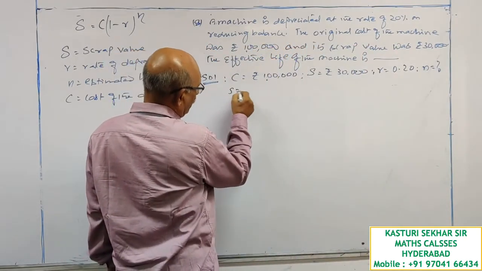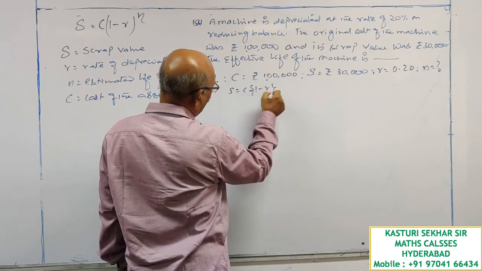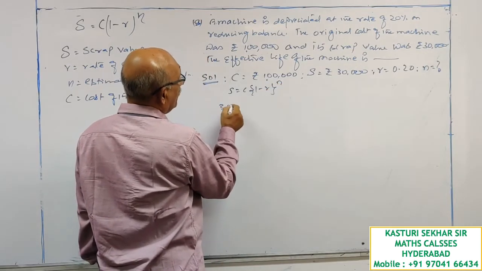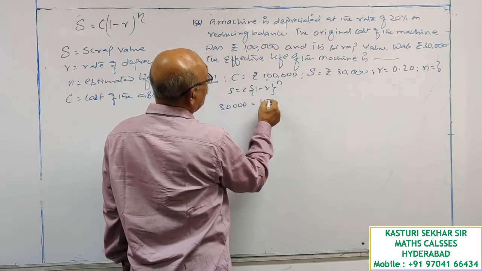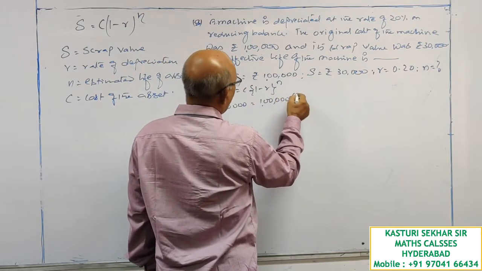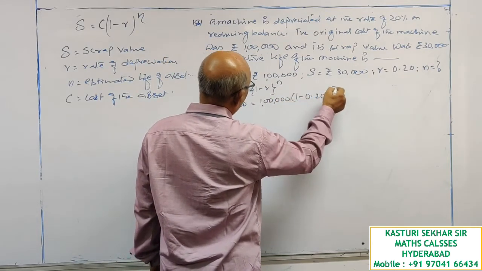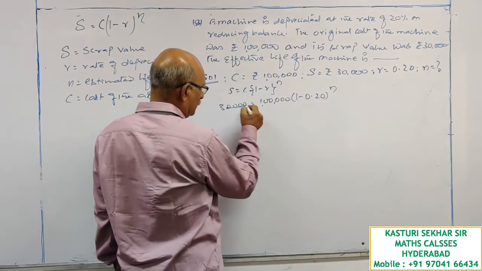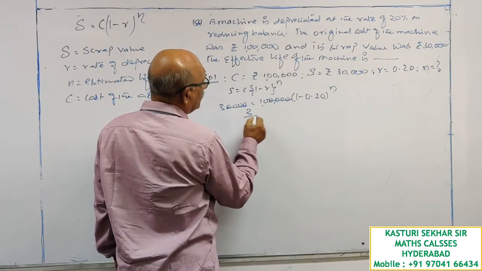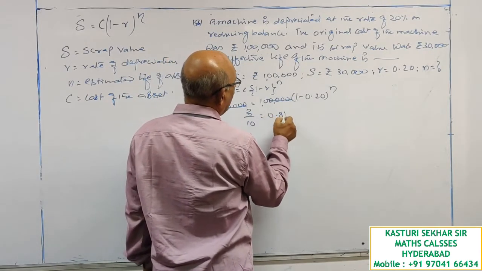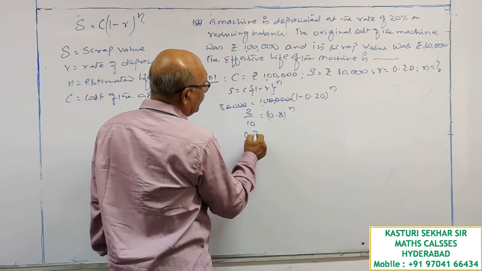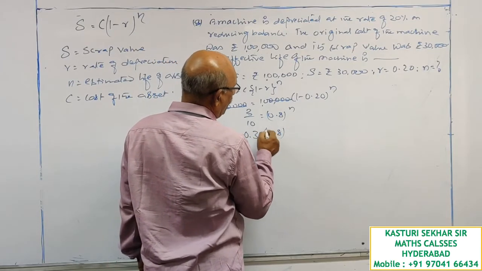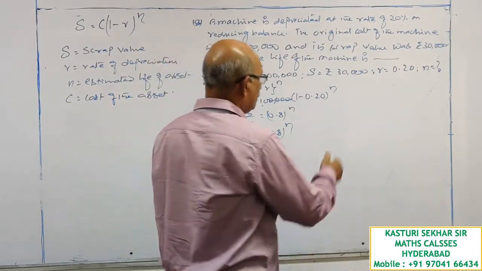So S is equal to C into 1 minus R whole power n. 30,000 is equal to 1 lakh into 1 minus 0.20 whole power n. 3 by 10 is equal to 0.8 whole power n. 0.3 is 0.8 whole power n.